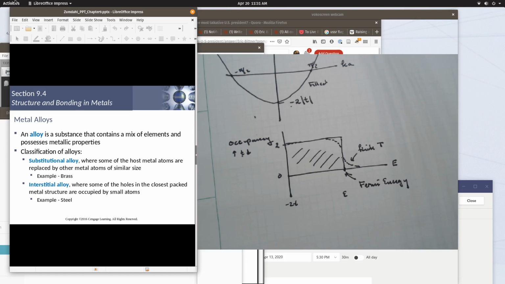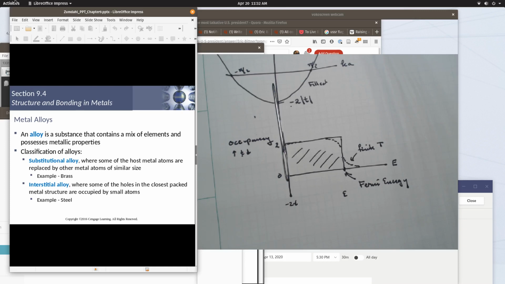These are called alloys, by the way, and most of the materials that we have are alloys. This is some sort of an alloy. Copper is a metal, but it's probably alloyed with nickel or something else, so it's not pure copper. And this gives rise to all sorts of different material properties of metals.